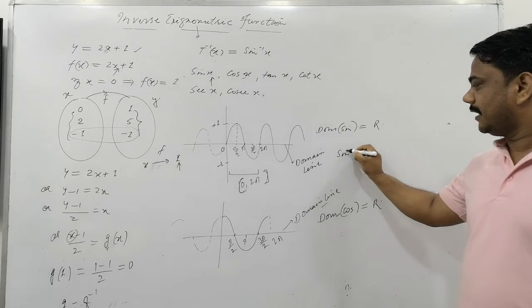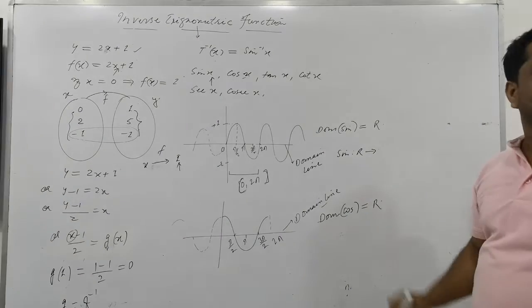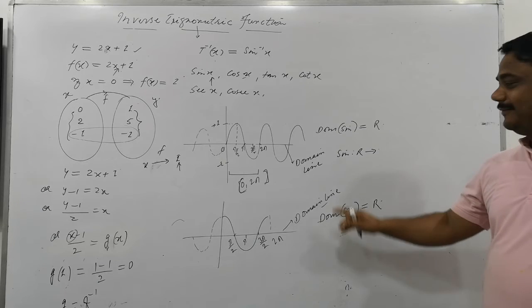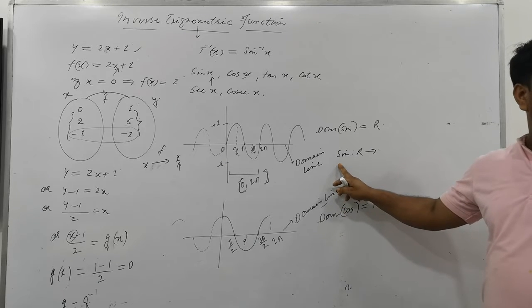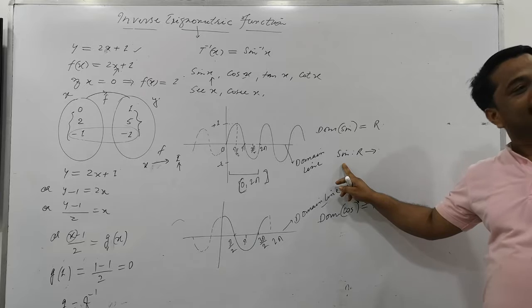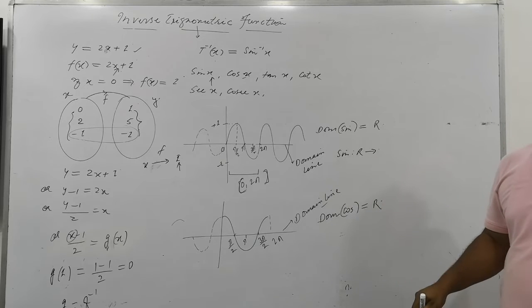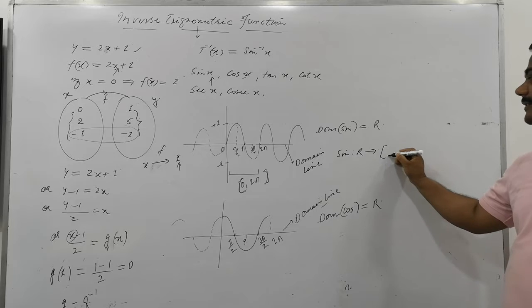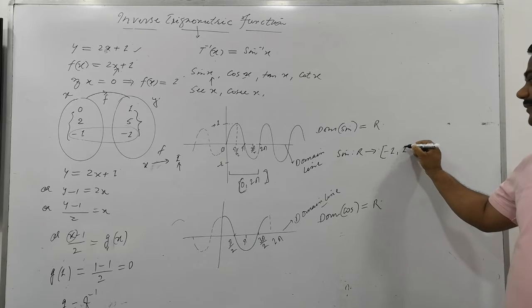What is the representation? Sine is given from R to R, as we wrote in the previous chapter. Sine is the name of the function. What is the range here? It is -1 to +1.